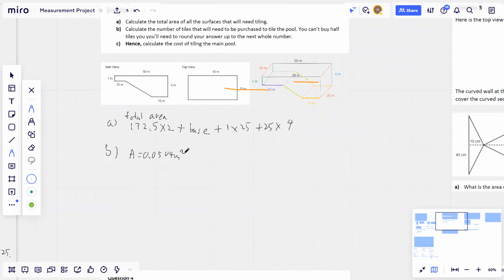And how can we get the total number? We use the total area divided by the area of each tile. So you can get the number of tiles.